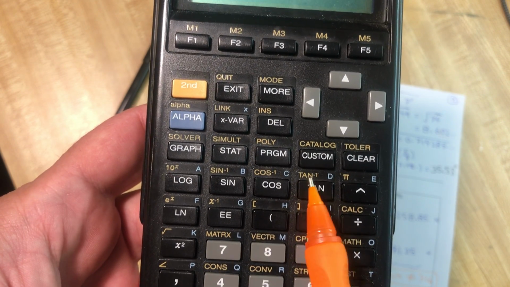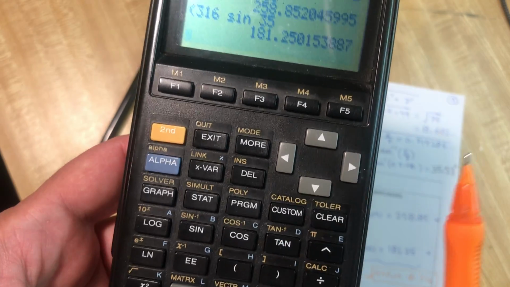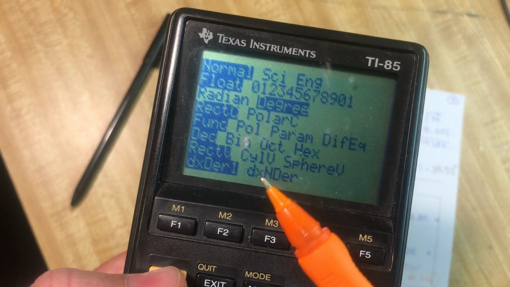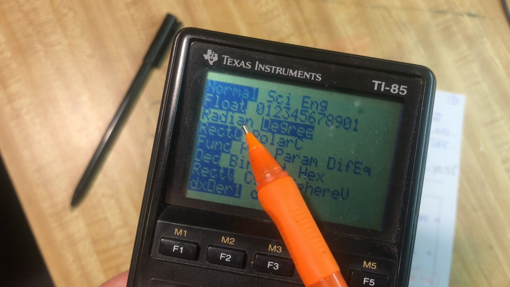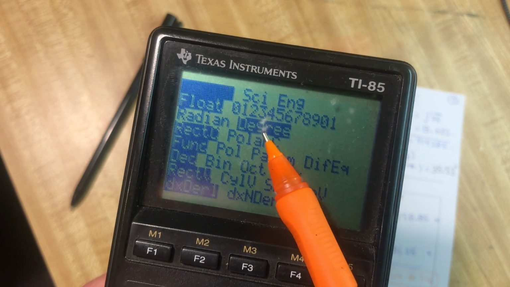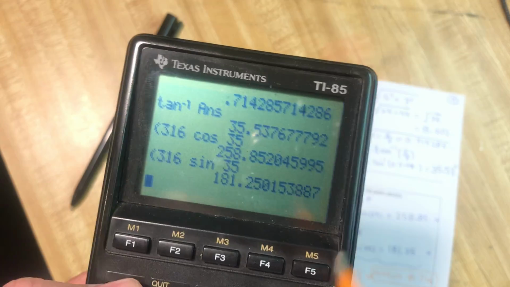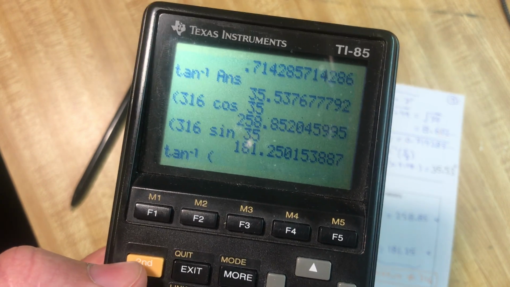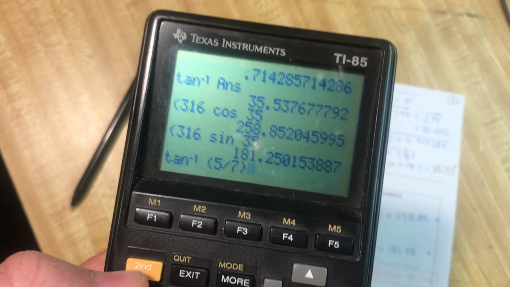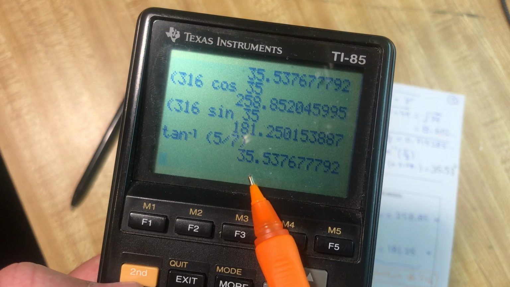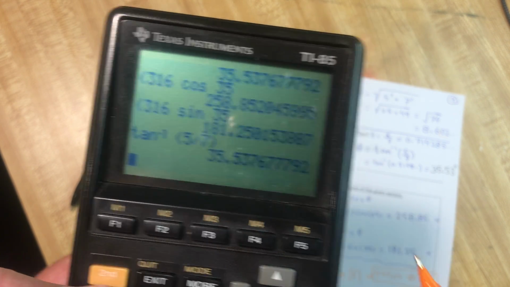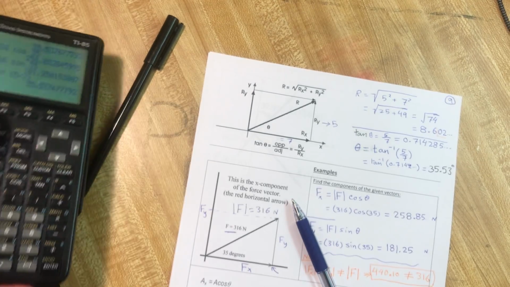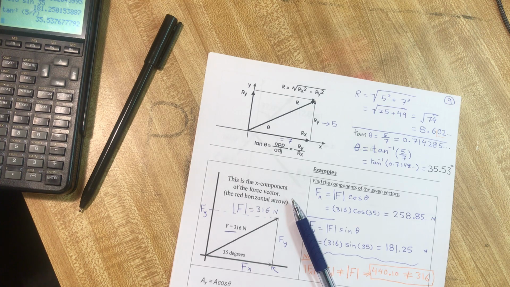We are dealing now with tan. If we need to find the theta in degrees, you need to be careful. You may work with radians or with degrees. Now I'm working with degrees. So tan inverse of 5 over 7. This is the angle, 35.53 and so on. This is the angle in degrees, not in radians. Okay, this is the way to find the theta angle.